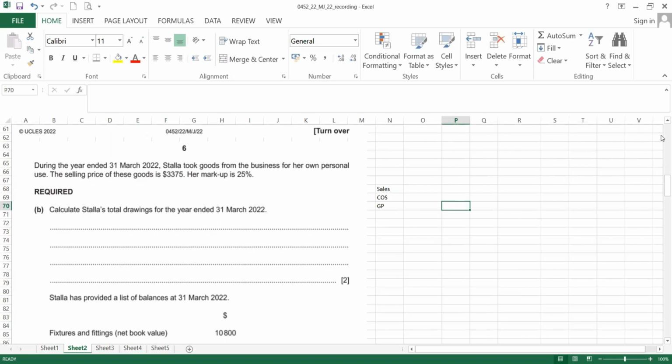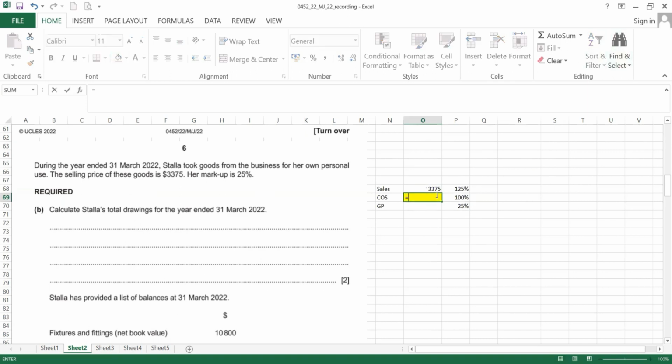Here we have 25%, and then the cost markup is the cost 100%. Sales is 125%. And they say that the sales is 3375.